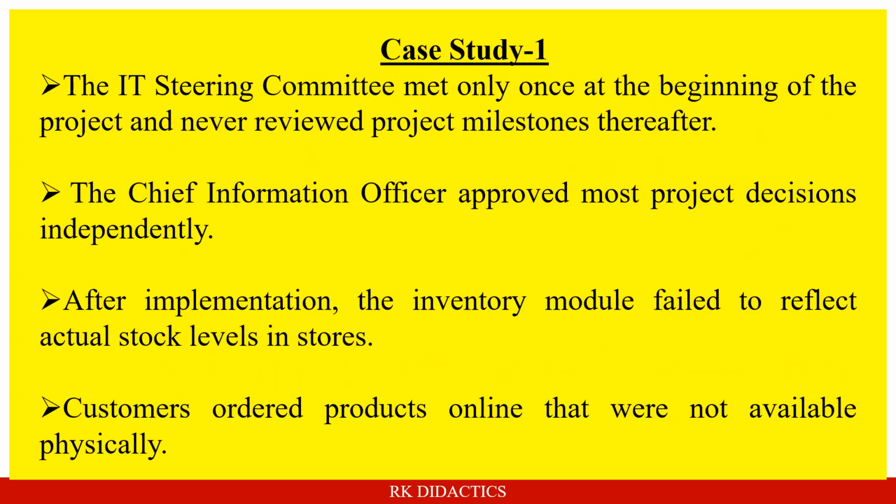The IT steering committee of the company met only once at the beginning of the project and never reviewed project milestones thereafter. The Chief Information Officer approved most project decisions independently. After implementation, the inventory module failed to reflect actual stock levels in the stores. Customers ordered products online that were actually not available physically.